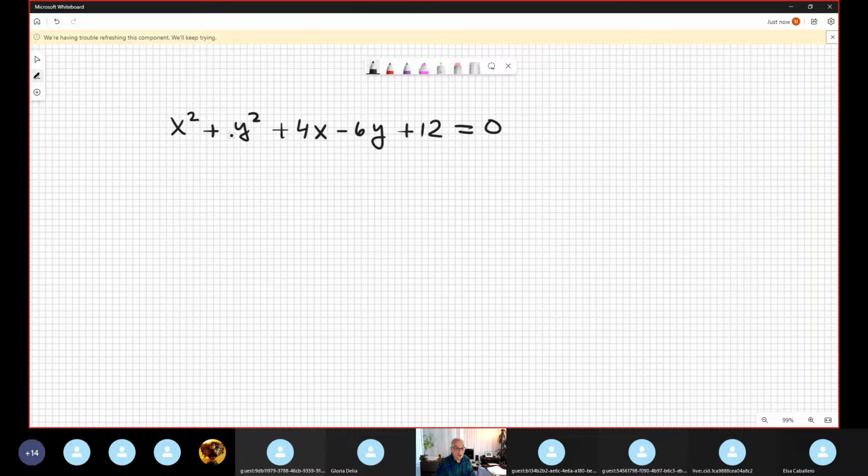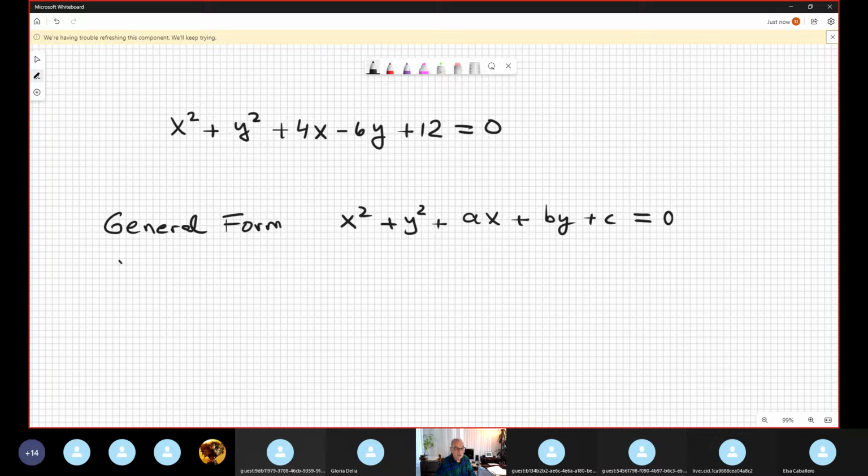Okay, we have another form to express it. Let's call it general. So we have two. The general form is something like x squared plus y squared plus ax plus by plus c equals 0. And we have the standard form, (x minus h) squared plus (y minus k) squared equals r squared.